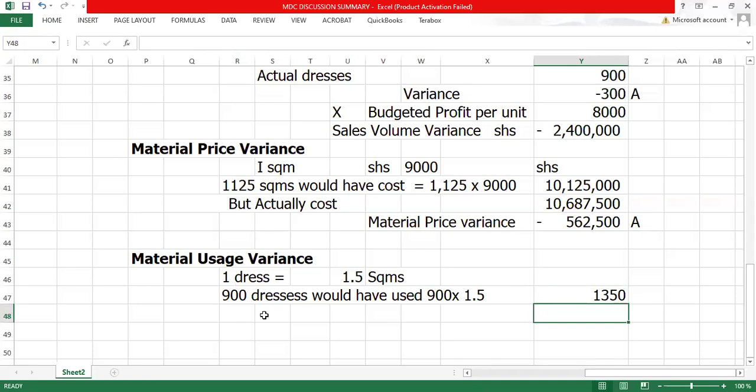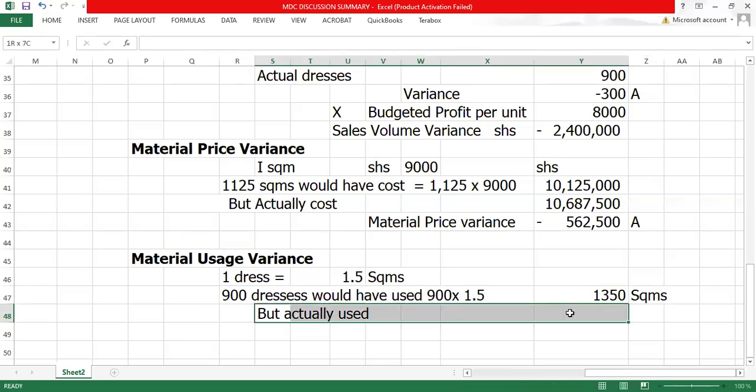But how many square meters did they actually use, from the question?